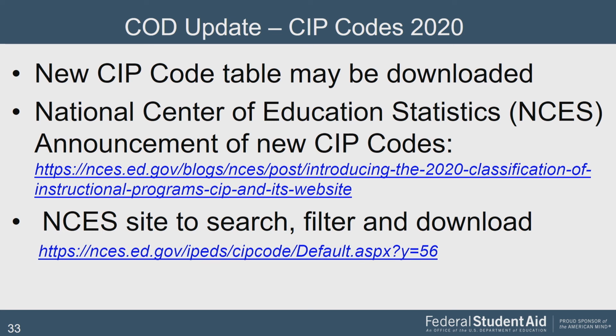The links on this slide, in the second bullet, are for the blog post, and the third one is to the NCES site that will allow you to search, filter, and download the 2020 CIP codes if you need it, especially for your software people, or if you like to have that around at your desk.